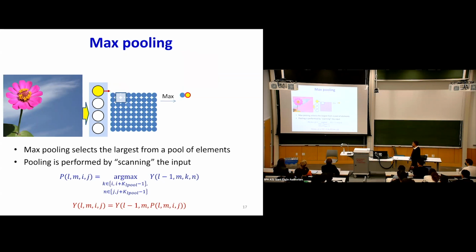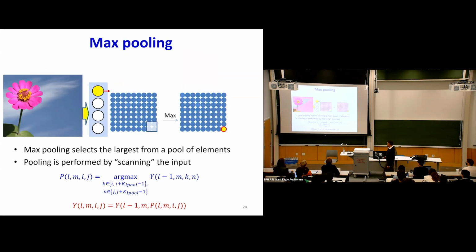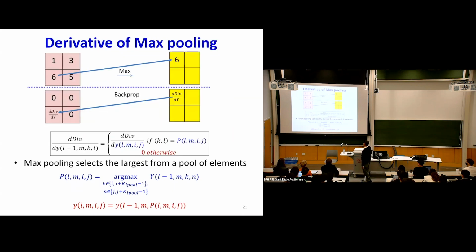And you were scanning the input like so, just picking the max within each window. So when you wanted to compute the derivatives for any specific window that was used to compute a particular output, you just picked the derivative at the output and copied it or added it to the derivative at the location from which the max was obtained. For the rest of them, there are no contributions because they do not contribute to the final output.